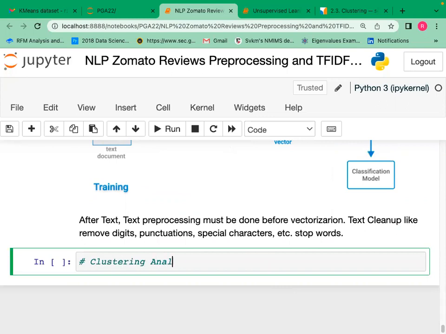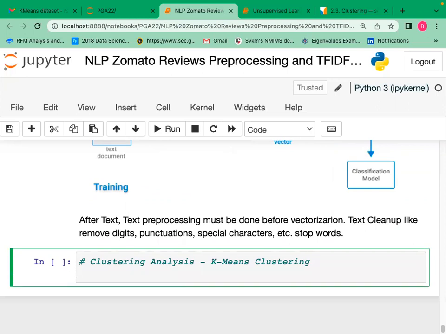So clustering analysis, K-means. For K-means clustering, data must be vectorized, preferably with the TF-IDF vectorizer.